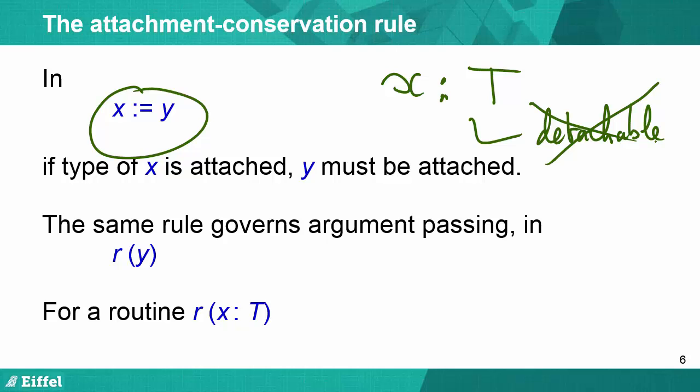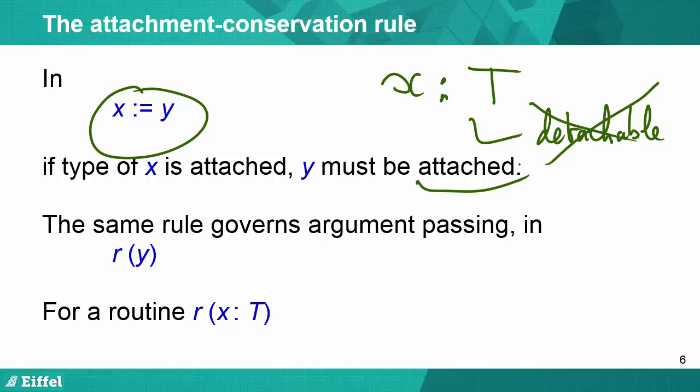Now there's a little subtlety here because I didn't write must be of an attached type. I said must be attached because if there's some clear reason to be sure that even though Y might itself be of a detachable type, it will be attached at runtime whenever this instruction is executed, then it's going to be okay, and that's going to be part of our last mechanisms in the next video of this series. But this is the basic rule.